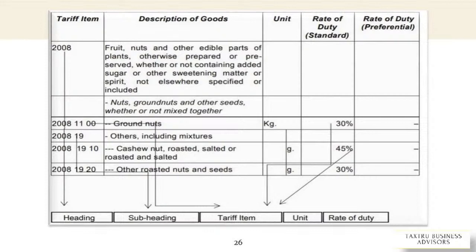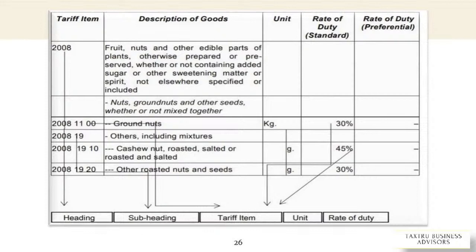Now you see there were nuts here as well. Now say you want to classify cashew in groundnuts. No, it cannot be done, because it is specifically given in a sub classification to this particular heading and subheading. So you have to come under this tariff for cashew nuts, roasted, salted.